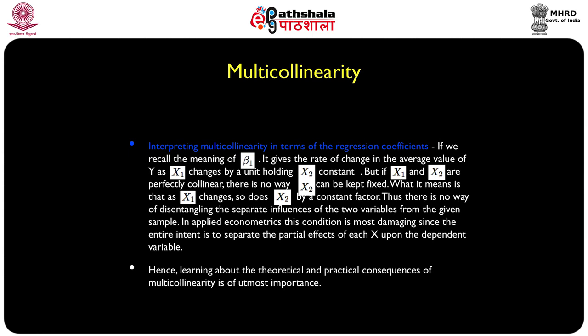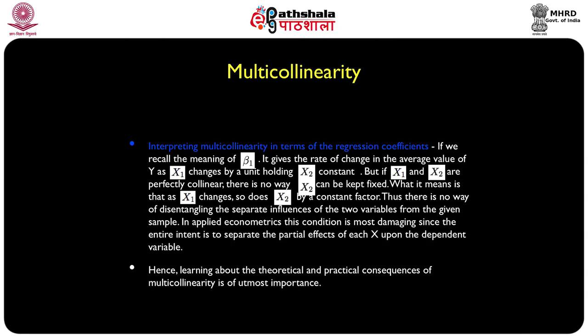Now, interpreting multicollinearity in terms of the regression coefficients. If we recall the meaning of the regression coefficient beta 1, it gives us the rate of change in the average value of dependent variable y as the explanatory variable x1 changes by a unit, holding the other explanatory variable x2 constant.